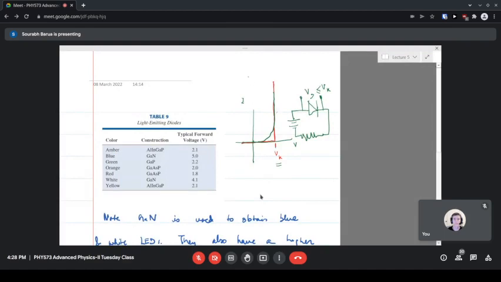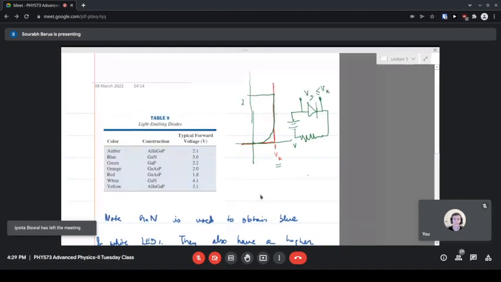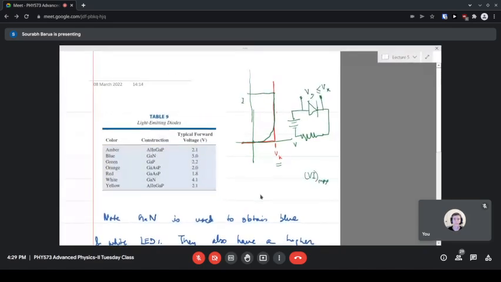Of course, there will be a maximum current which the diode can safely handle. Up to that point, the diode will work properly. After that, if you exceed that current, then the power V into I will be exceeded. The safe value of power that the diode can handle will be exceeded, and your diode will be damaged.